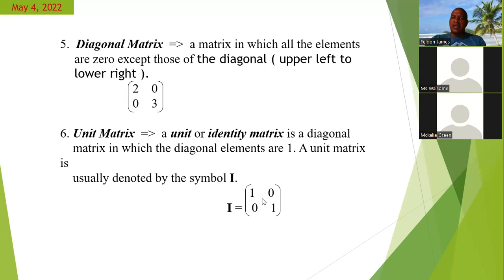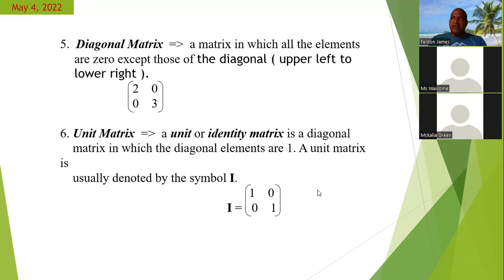When you look at the unit matrix, you have non-zero elements along the diagonal, but these non-zero elements are one. So how you know your unit matrix is that it is a diagonal matrix where the diagonal elements are all 1. So this is a unit matrix. All right, so if you are asked to write the unit matrix, this is the matrix that you would write.